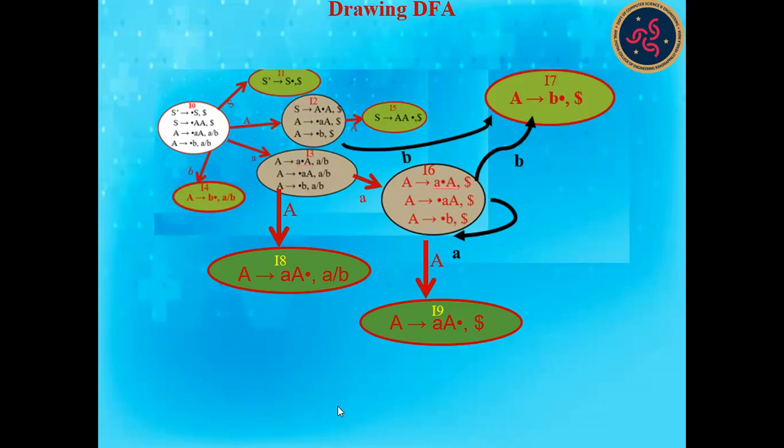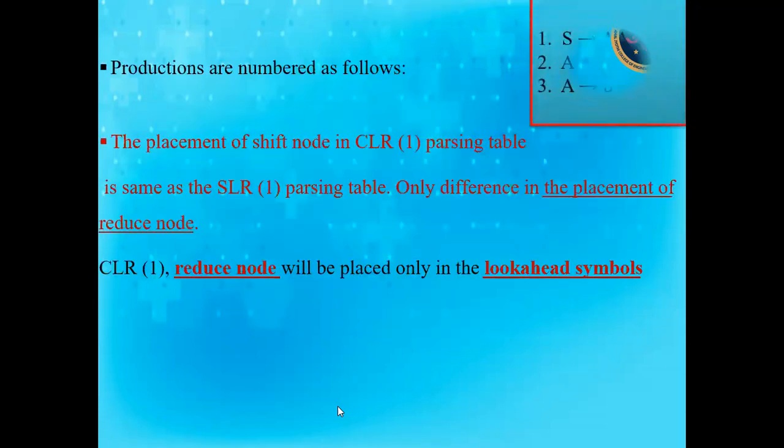Even though the number of states is increased, we have to place the reduce moves only in the look ahead symbols' places. The placement of the shift moves in the CLR parsing table is the same as that of the SLR parsing table. How we place them, we have discussed in the SLR parsing table construction, so the same procedure is done here also.